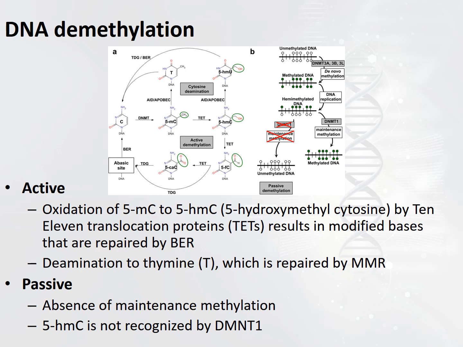One is an active method where 5-methylcytosine is converted to 5-hydroxymethylcytosine by enzymes in the family of ten-eleven translocation proteins, which are TETs. These methylcytosines can undergo further oxidation to a product, which is 5-carboxycytosine or 5-formylcytosine.